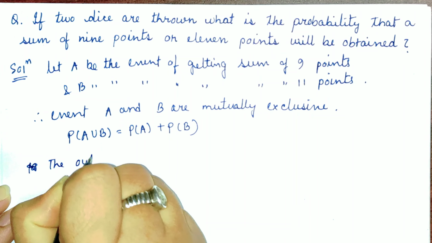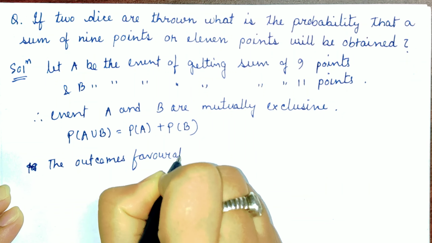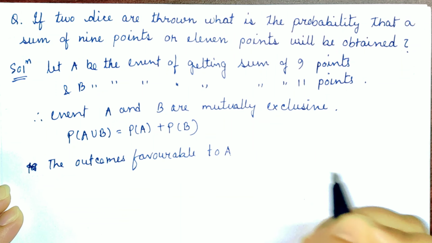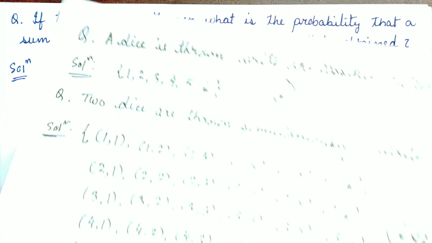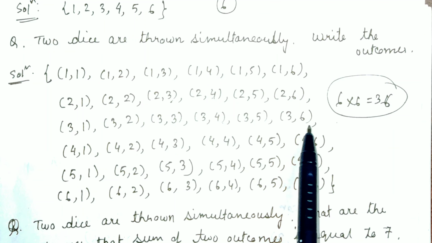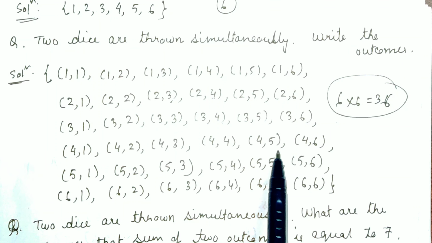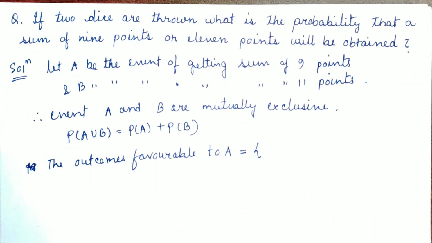The outcomes favorable to A. So what are the outcomes that will give you the sum of 9 points? Here 3, 6 equal to 9, 4, 5 equal to 9, 5, 4 equal to 9, 6, 3 equal to 9. These are the outcomes.